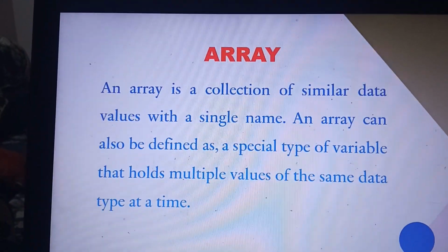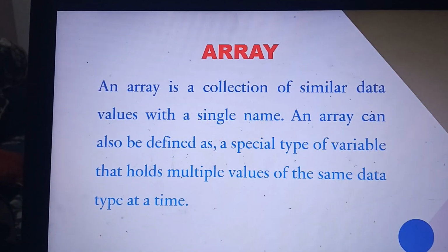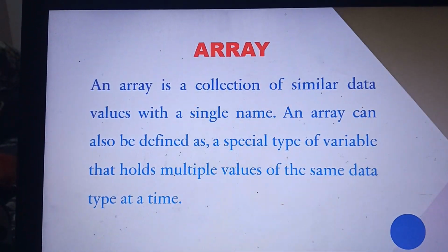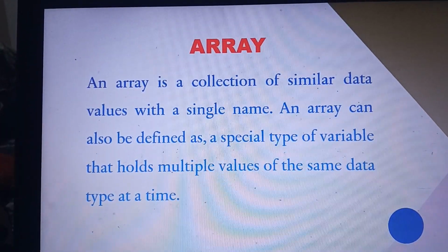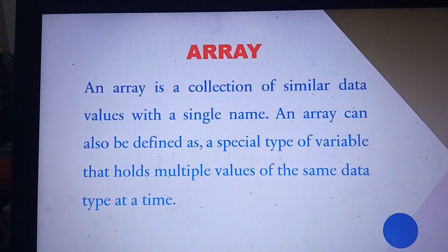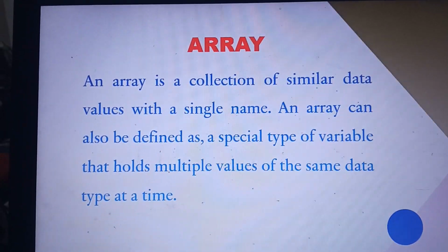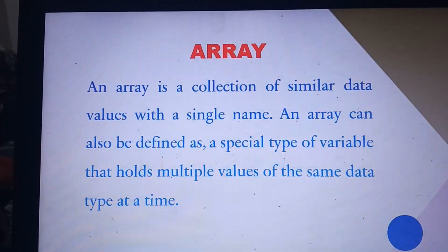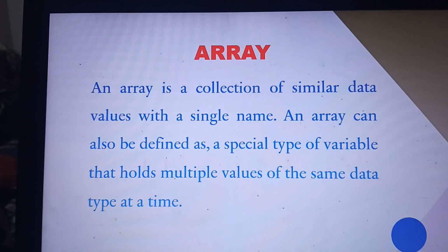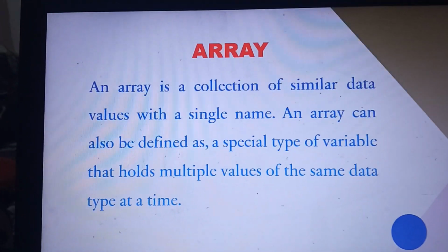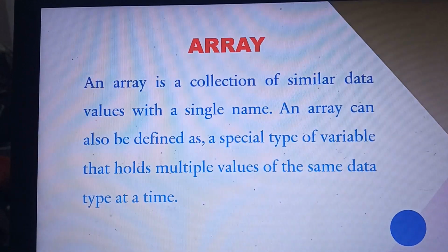But here we are declaring only one variable, a single name, with multiple data values. That is the reason an array holds the same data type, for example 10 values declared with a single name. That is called an array.